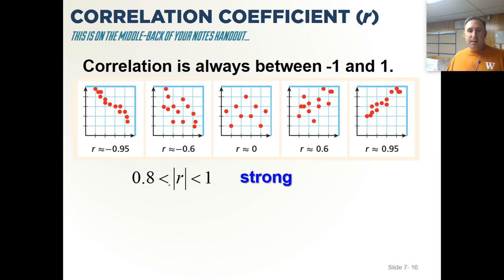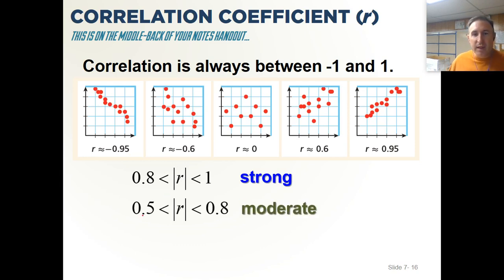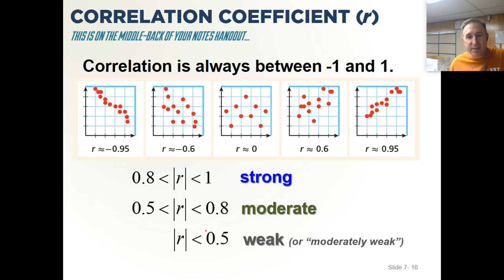So if I have an r value between 0.8 and 1, negative or positive doesn't matter because we're talking about the magnitude, then we would say that's a strong association. Now if you have something like 0.95, you can say very strong, add that adjective. We can have a moderate association between roughly 0.5 and 0.8. And we have a weak association if it's lower than 0.5.